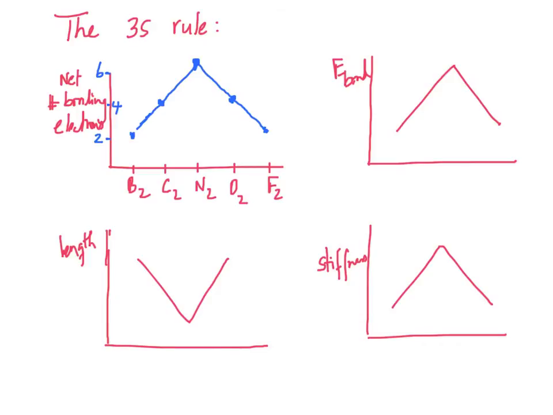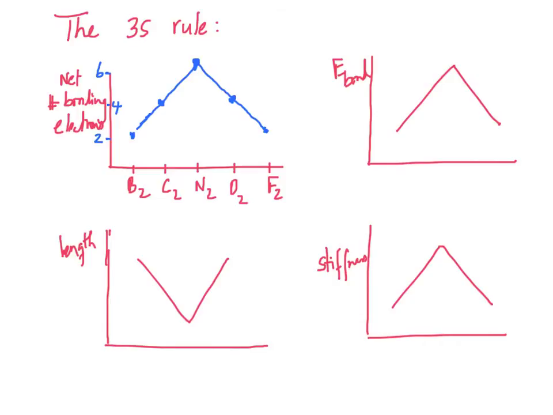I did not provide you the stiffness values in the previous table, although the bond length and bond energy values were provided. You can always look up the stiffness values of these 5 homonuclear diatomic molecules, and you will see that indeed this is the behavior that's seen. What we have seen so far is that the quantum mechanical picture of the behavior of electrons in atoms and molecules provides us with a very satisfactory picture.